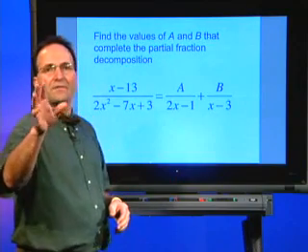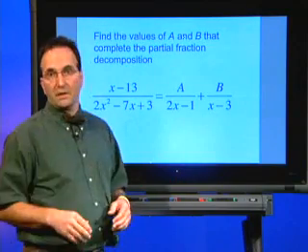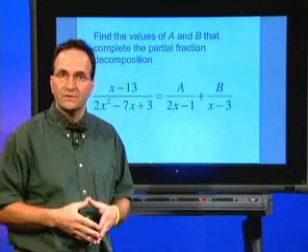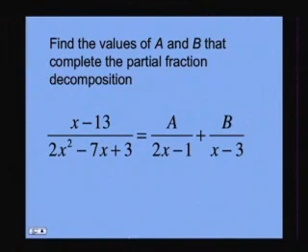Let's find the values of a and b that complete the partial fraction decomposition given by x minus 13 divided by 2x squared minus 7x plus 3 equals a over 2x minus 1 plus b over x minus 3.